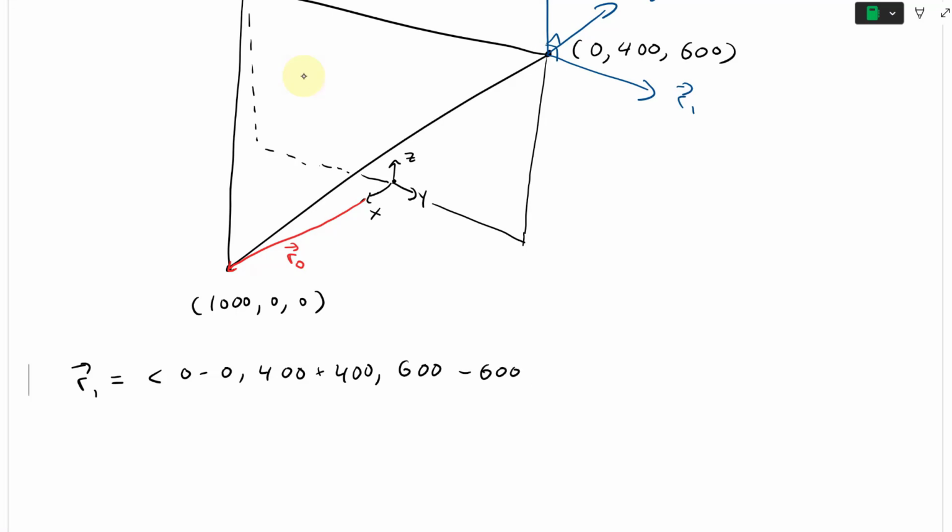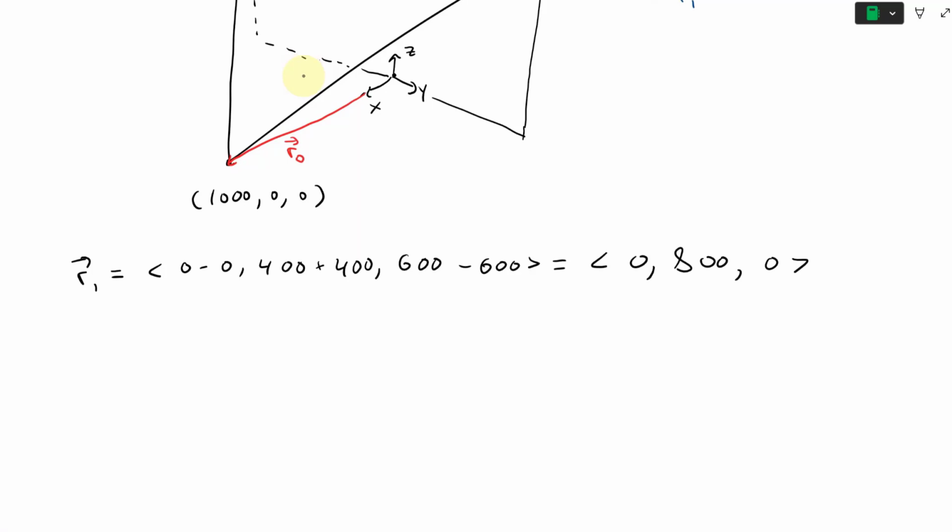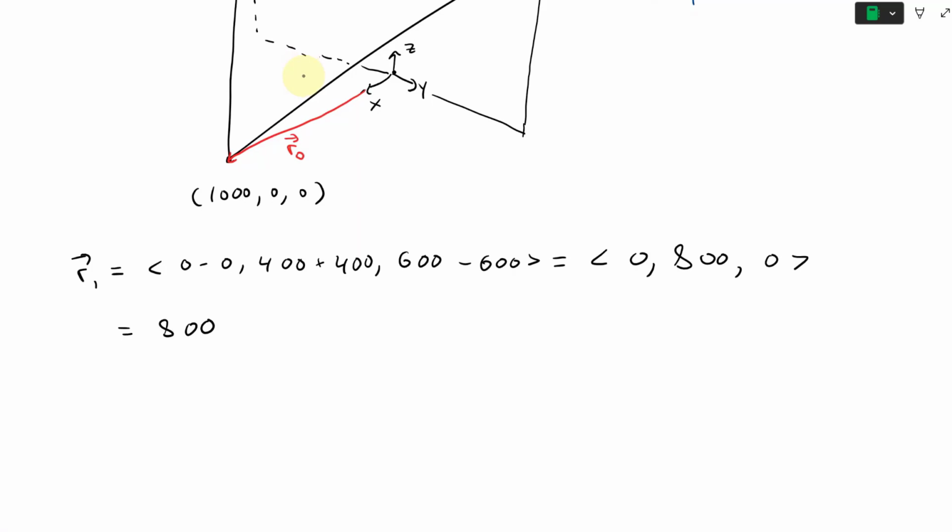And this is a square bracket, we're doing a difference vector. This equals 0, 800, 0. Then factor out the 800. This equals 800 times 0, 1, 0. So basically choose just the simplest one. So choose R1 equals 0, 1, 0.